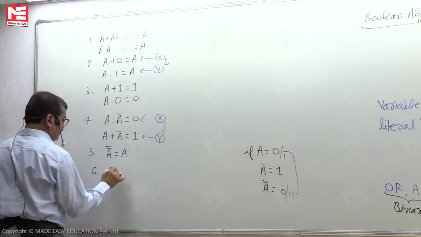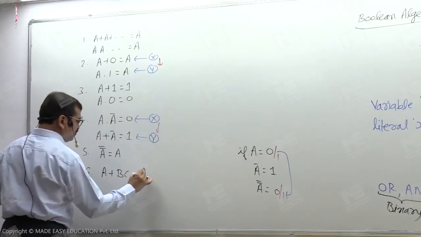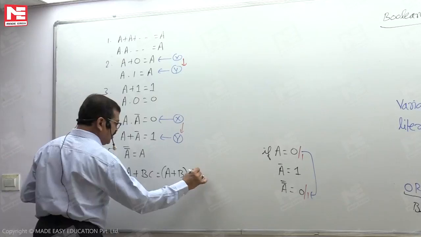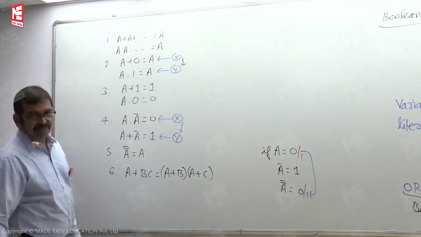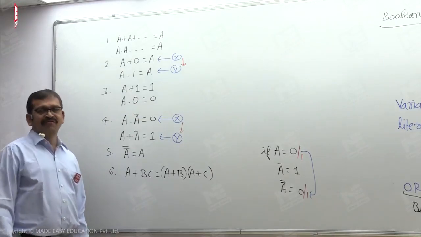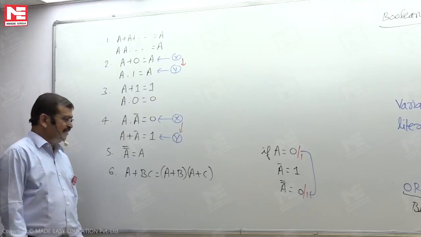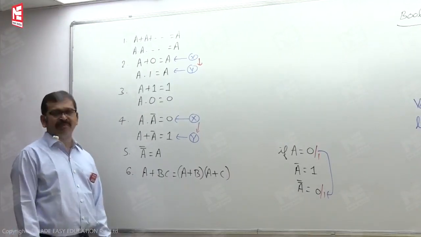A OR BC is equal to (A OR B) AND (A OR C). It is one of the important properties. Very frequently we will have questions based on this property. You can guess the name of this property.